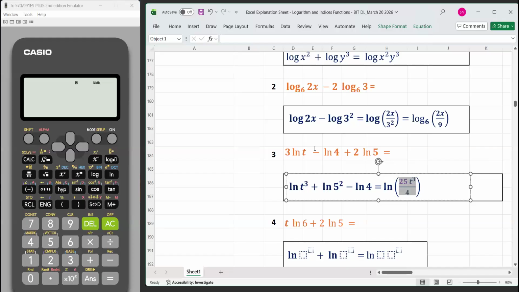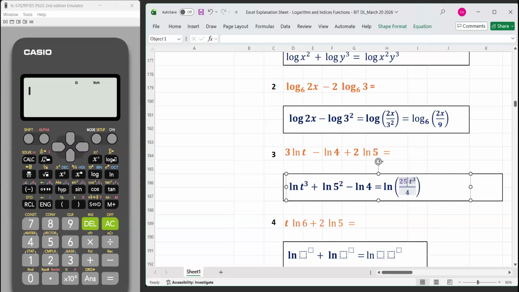Another handout. Alfred, what's your question? Hello, sir. Please, the final answer, 25 times t cubed over 4, is it the same as t cubed 25 over 4? Is it correct?